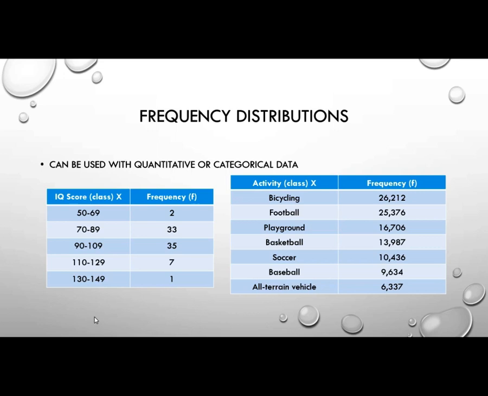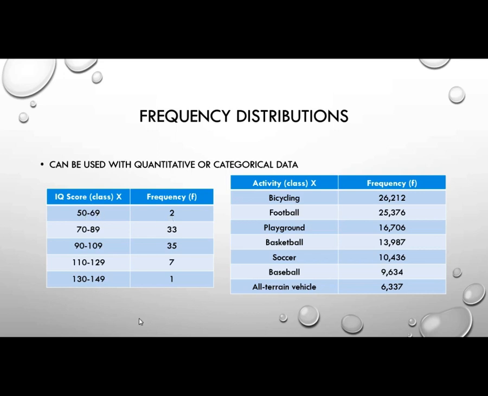Now, this particular data set starts with the number 50 and goes to 69 because there are very few people with IQ scores as low as 0, 1, and 2, and 3, all the way up to 50. So likely, if we had started counting each individual IQ score, we would have a bunch of zeros in our right-hand column, because there'd be 0 people with 0 IQ, 0 people with an IQ of 1, 0 with an IQ of 2, etc., all the way up to 50 to 69.